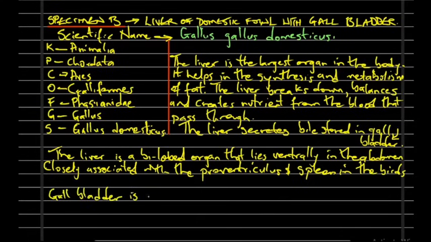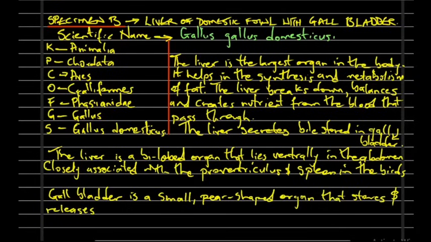Gallbladder is a small pear-shaped organ that stores and at the same time releases bile, which happens to be a digestive fluid or enzyme.